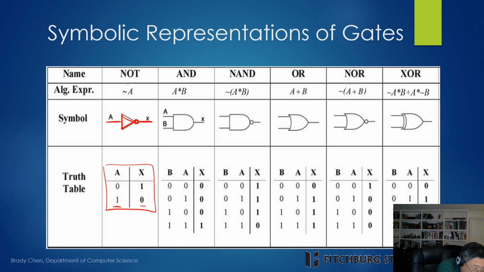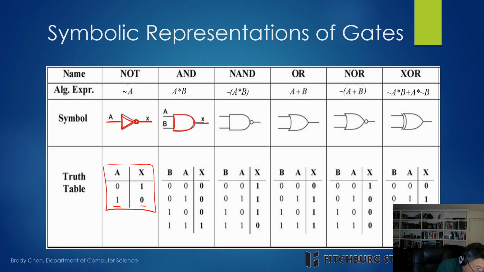And then here's the AND gate. We use this notation. Now the AND gate has 2 input lines, A and B, and there's 1 output line, X. So we also use the electricity. If we apply electricity on a line, then that represents the value 1. If we don't apply electricity, then that means it's 0.